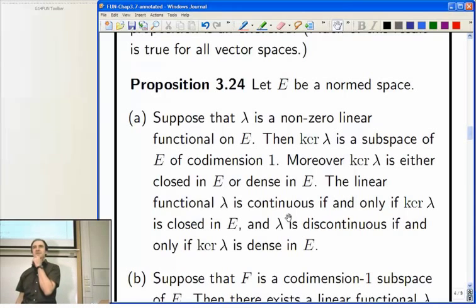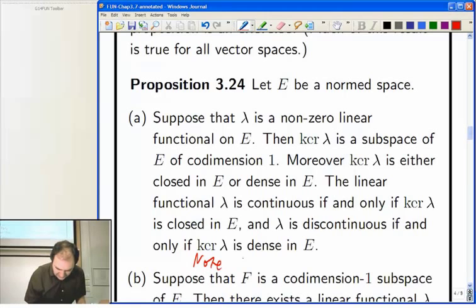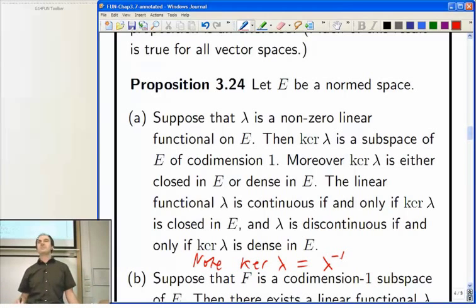Lots of different reasons, of course. I'll give you one reason. Note that the kernel of lambda is the preimage of something. What's it the preimage of? The zero space, right? So suppose lambda is continuous. How do you know that that's closed? Preimage of a closed set must be closed.